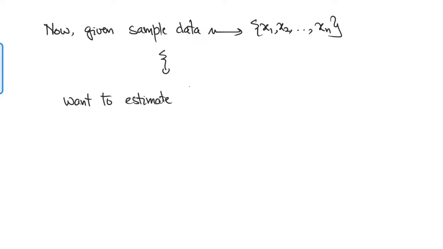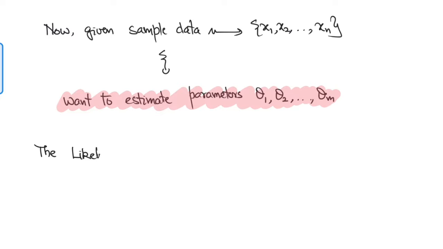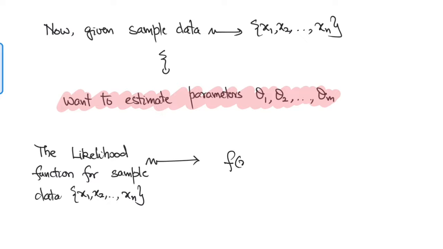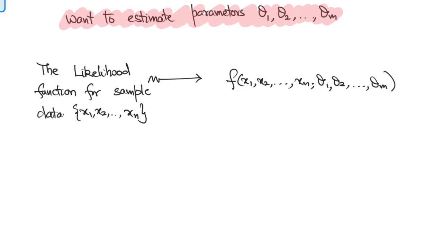Now, given sample data, small x1, x2 up through xn, we want to use these data points to estimate parameters theta 1, theta 2 up to theta m of the population. To do this, we will define the likelihood function for the sample data x1, x2 up through xn. This is going to be the function that is depending on the xi's and the theta j's. The xi is going from 1 through n and the theta j is going from 1 through m.